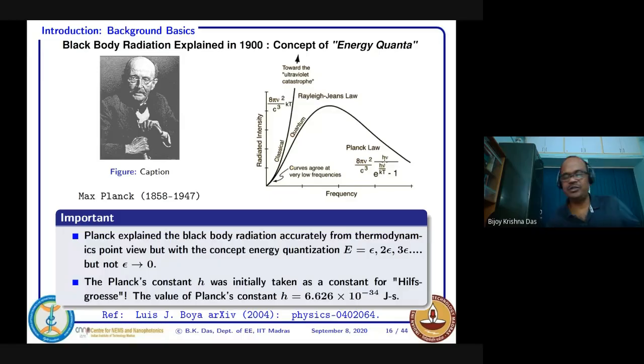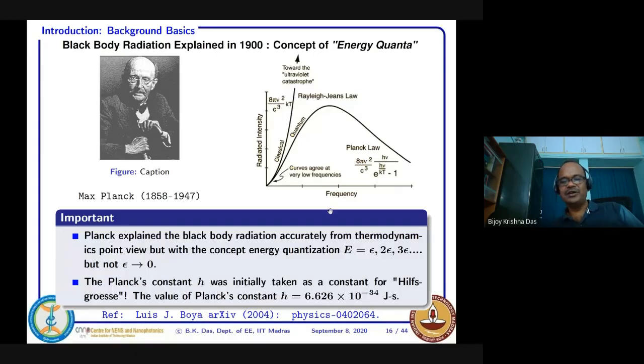At that time he was using b, later converted into h. He found that if you fit h with the value 6.626 times 10 to the minus 34 joule second, then it matches well with your experimental result.